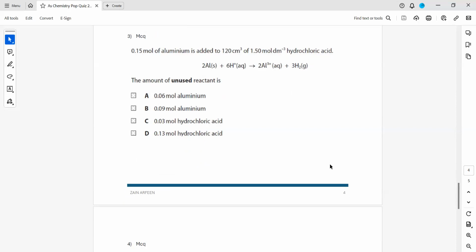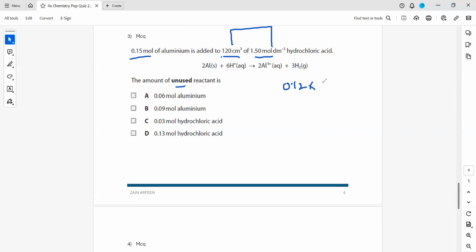The next question: 0.15 moles of aluminium is added to 120 cm cube of 1 mole per dm cube hydrochloric acid. The amount of unused reactant is, so we have 0.15 moles. So first we use the concentration into volume to get the moles. In this case, 120 divided by 1000, which is 0.12.